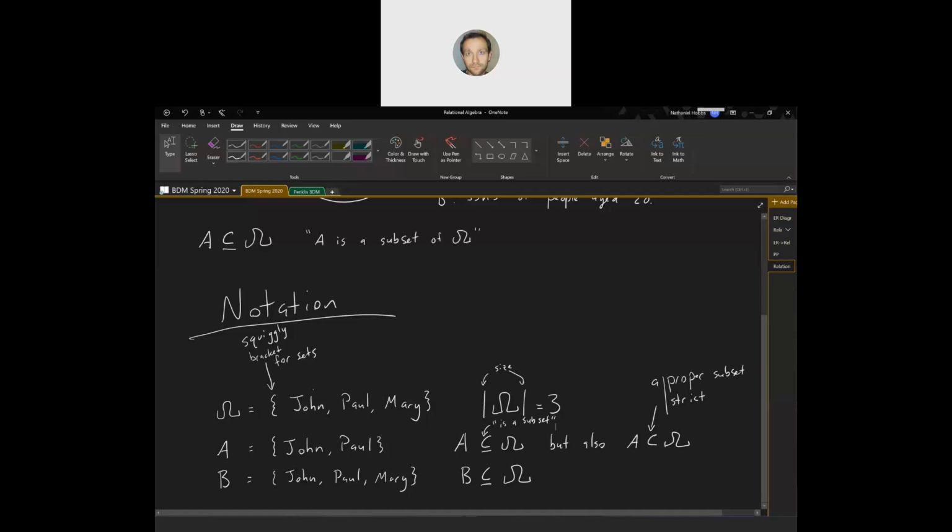Each of these things are elements of the set. You can denote the size of the set using these straight lines, and you have subsets and proper subsets, or strict subsets. If you're not sure, you can always use this with the underline symbol. I won't really be asking questions where this would concern you, but for the sake of completeness, I want to include it.